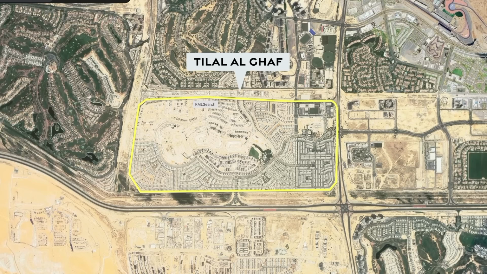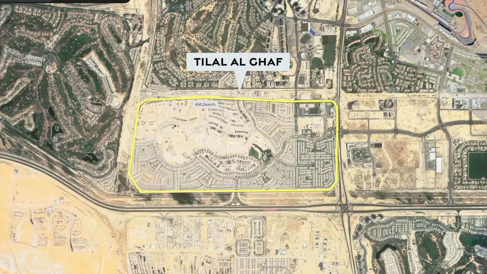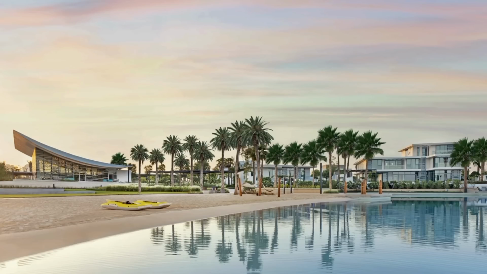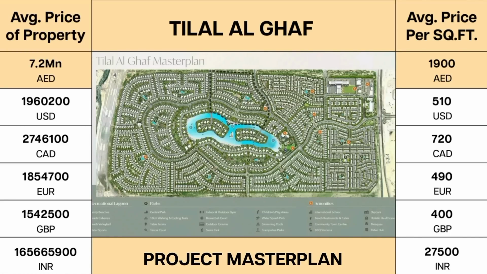Next is Tilal Al Ghaf by Majid Al Futtaim, offering townhouses to top of the line mansions around a central lagoon. The community is partly ready and partly in construction. Average prices across all types come out to be at 1900 dirhams per square foot and average price at 7.2 million.